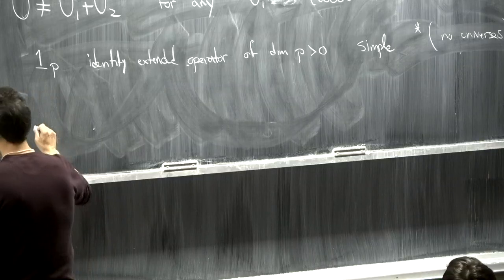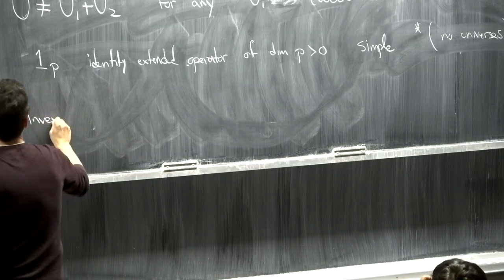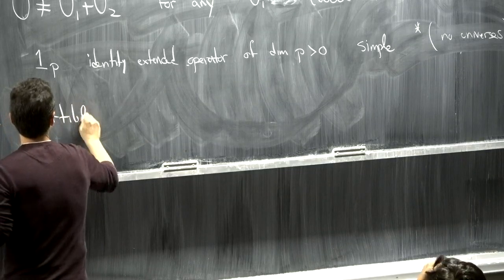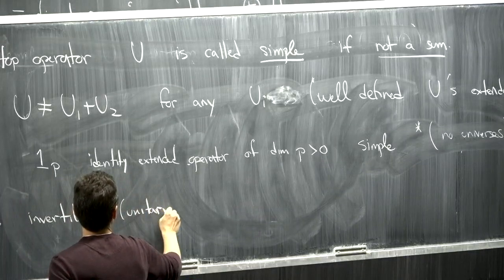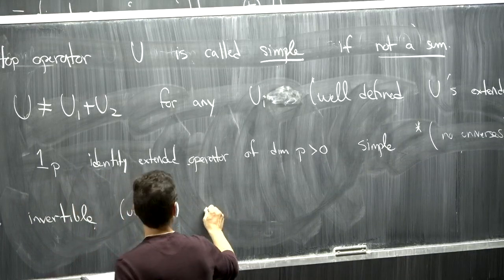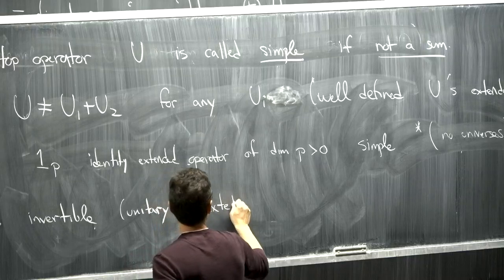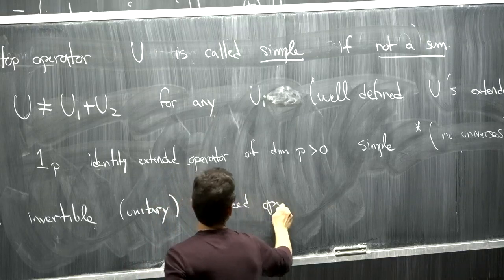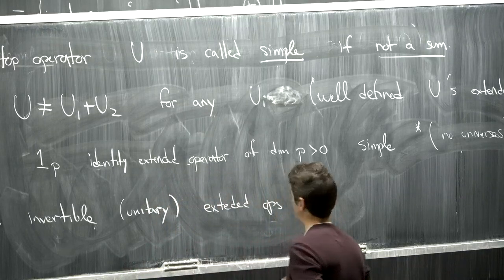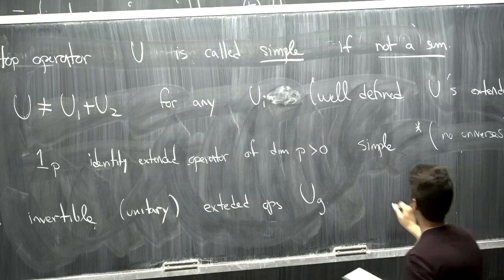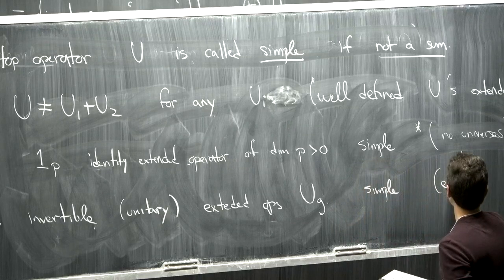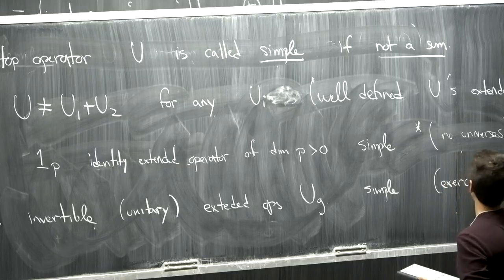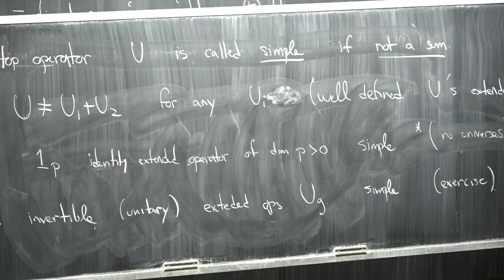And similarly, invertible or unitary extended operators. So these UGs that Hotat has been telling you about, these are also simple. And I invite, this is again, another simple exercise to check that you're understanding the words.